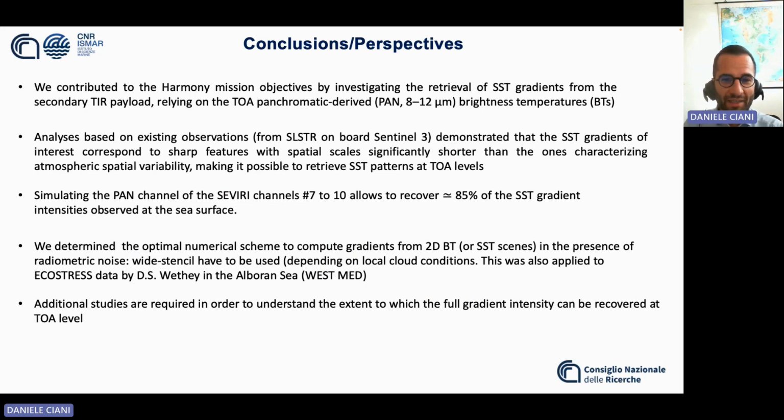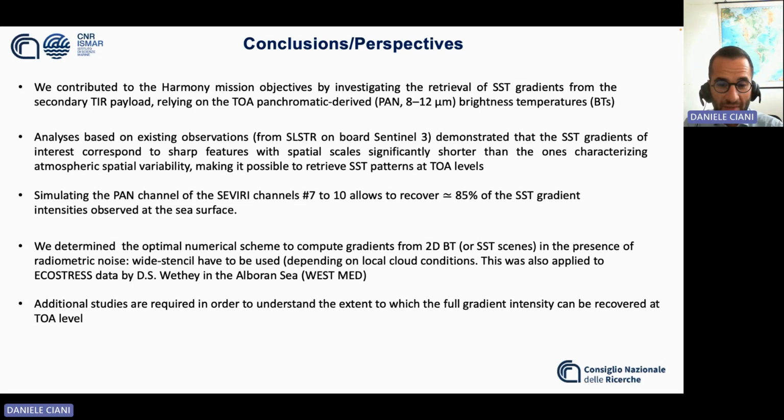We mainly relied on existing data of sea surface temperature and brightness temperature from the SLSTR and SEVIRI sensors that both show that brightness temperature can correctly locate gradients at the sea surface, although we still need to work in the future to try to recover the full intensity of SST gradients using these approaches.